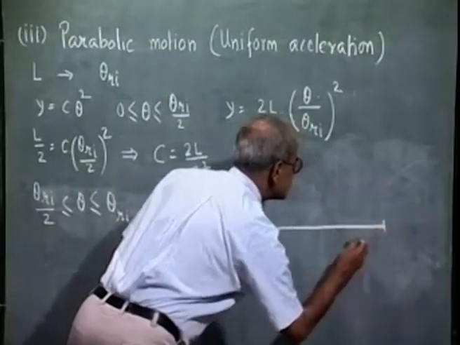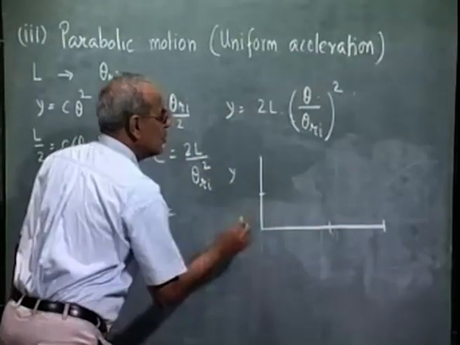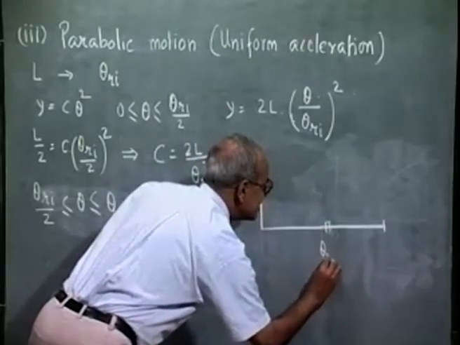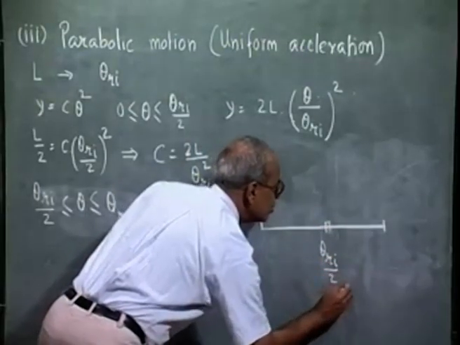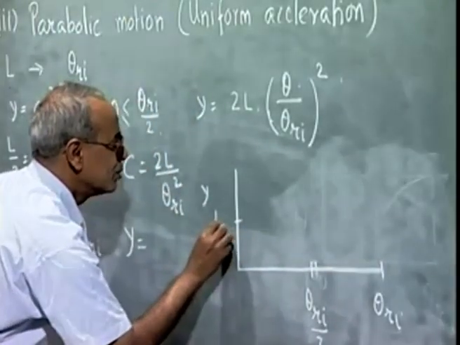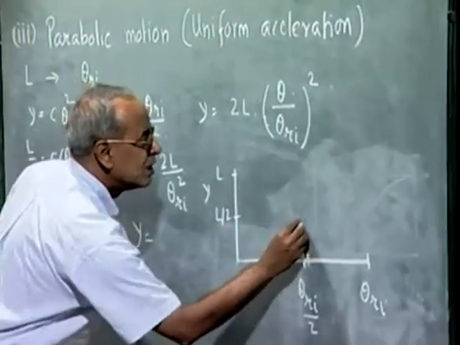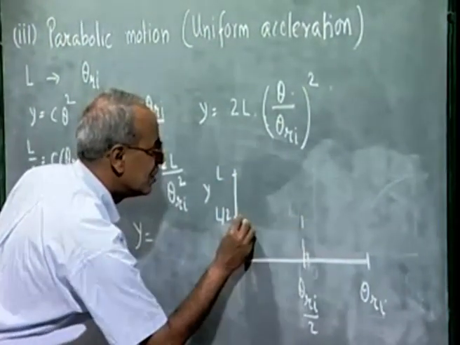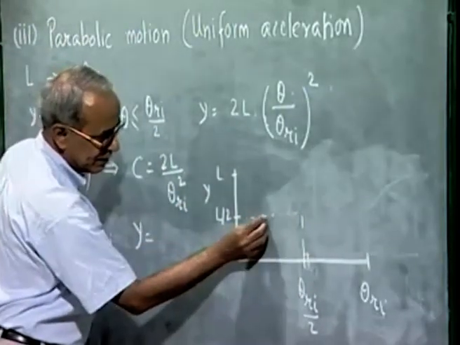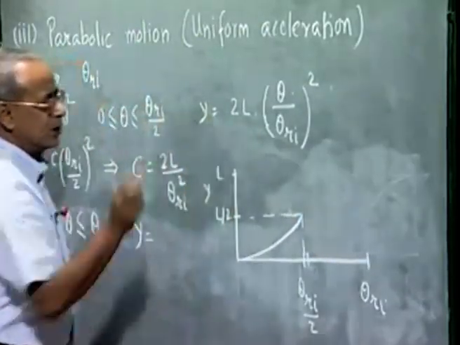If we draw the displacement diagram, y, we have seen theta Ri by 2, this is theta Ri, this is L by 2 and this is L. So for the first half of the rise, we have got this parabola.